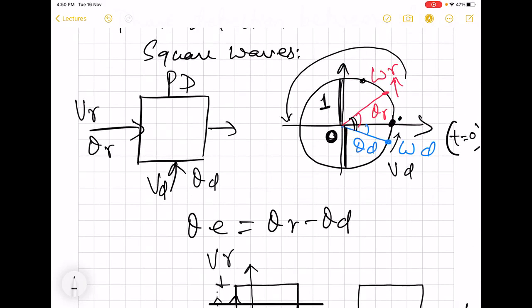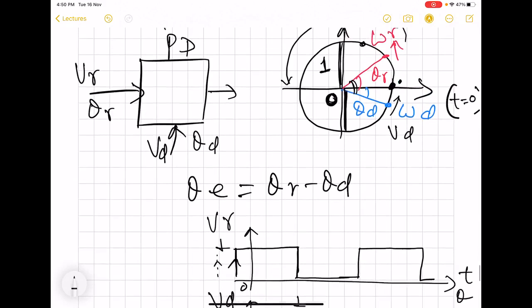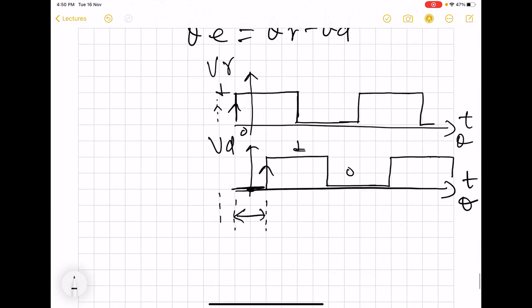We now need to perform a certain mathematical operation, or rather Boolean operation, on this VR and VD such that we get an output which is proportional to this difference between their edges. There are various ways of doing it. We will start with the simplest circuitry.